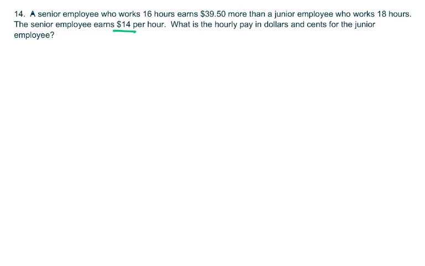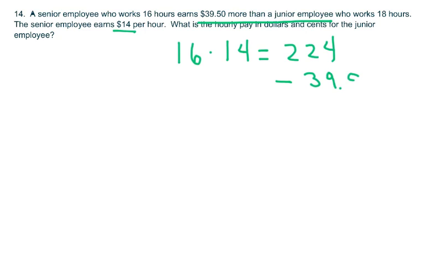He worked 16 hours at 14 an hour. When you multiply that, you get 224. All right, so he makes 39.50 more than the junior. So I'm going to go ahead and subtract $39.50 from that, and I get $184.50.